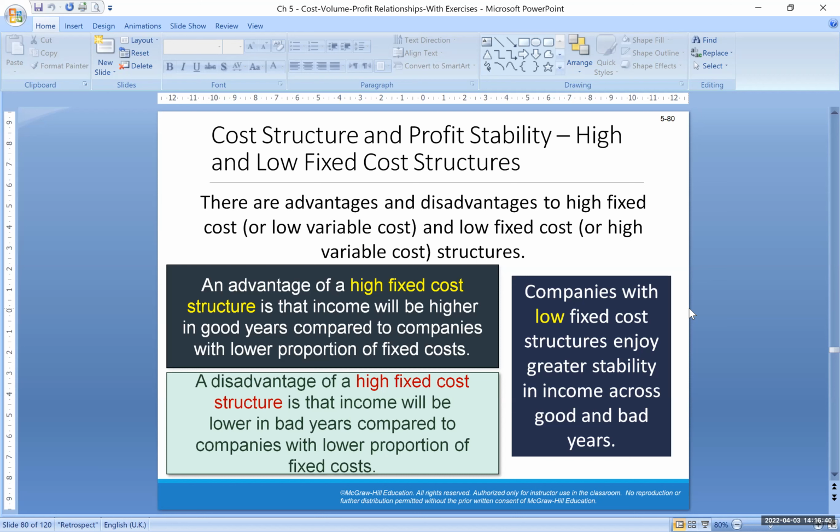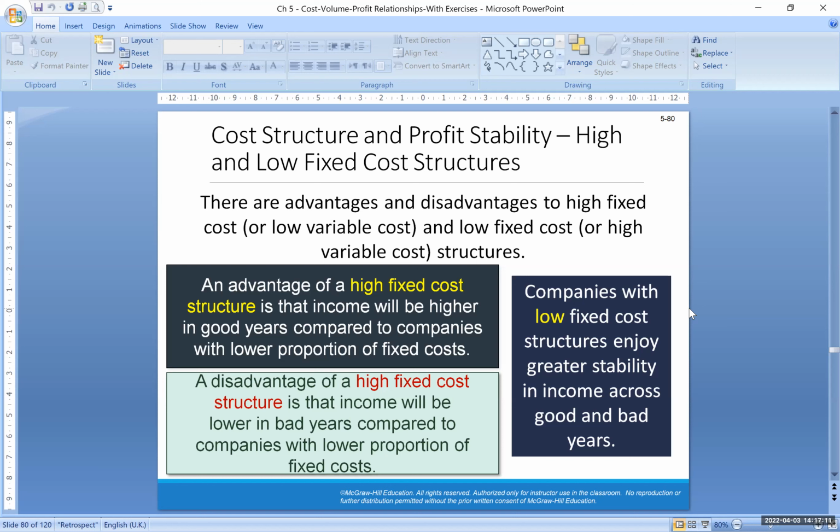An advantage of the high fixed cost structure is that income will be higher in good years compared to companies with a lower proportion of fixed costs. A disadvantage of the high fixed cost structure is that income will be lower in bad years compared to companies with a lower proportion of fixed costs.